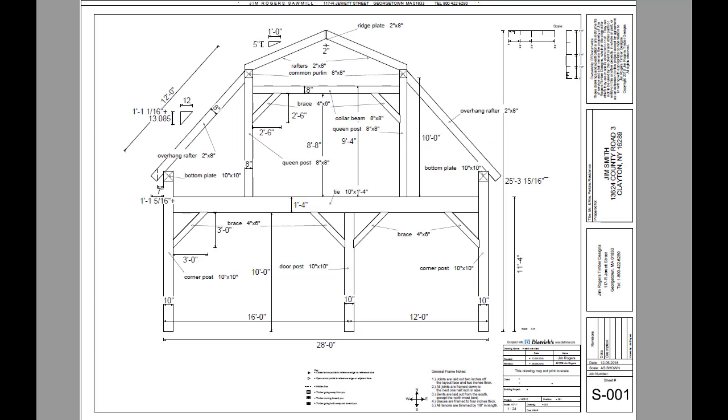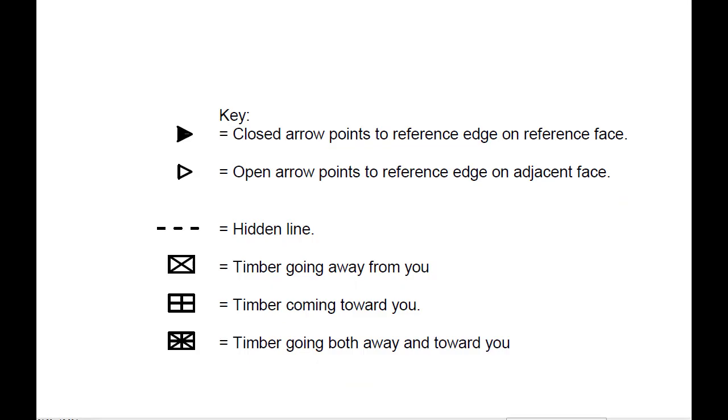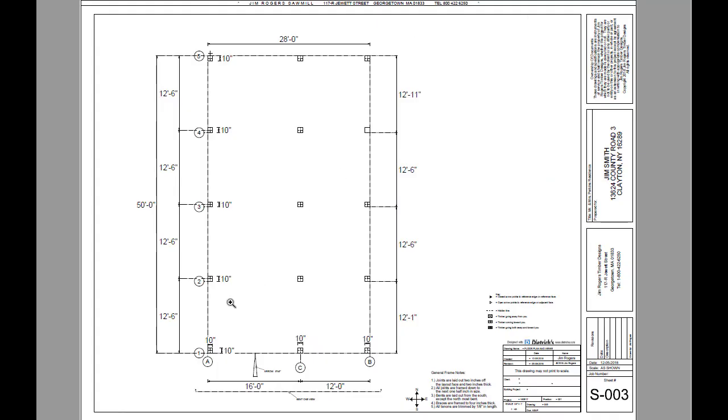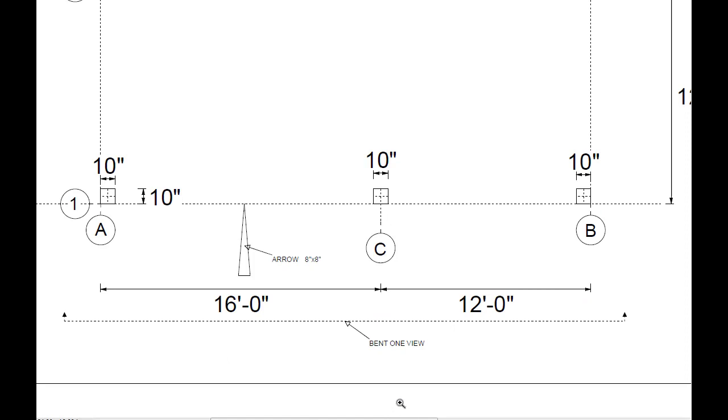When we look at a bent view similar to this drawing, we need to understand where we are standing to see this view. When we look at our floor plan, we will see a line with 2 arrows on each end of the line pointing in the direction of the view.